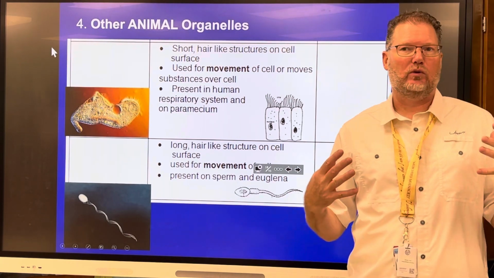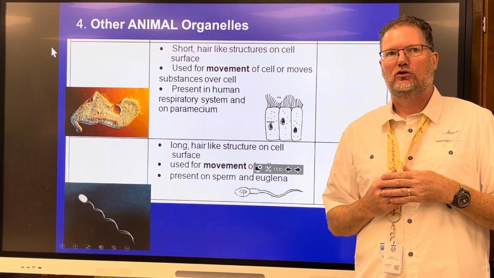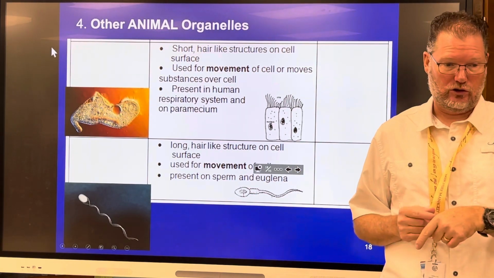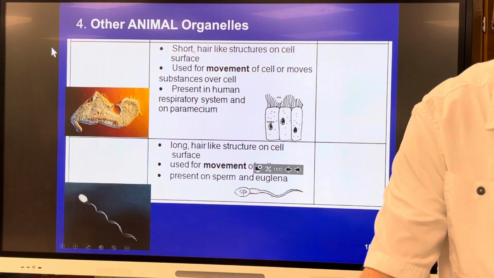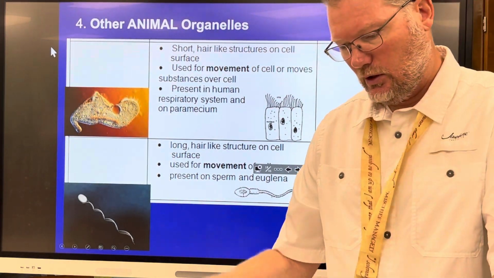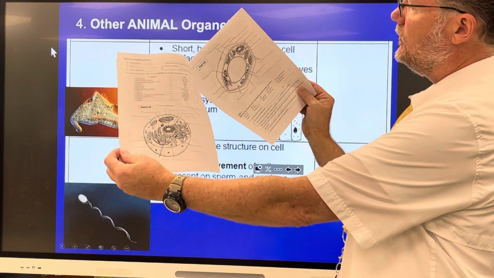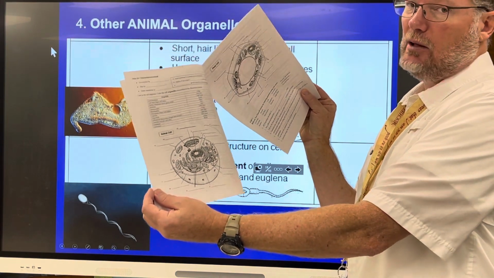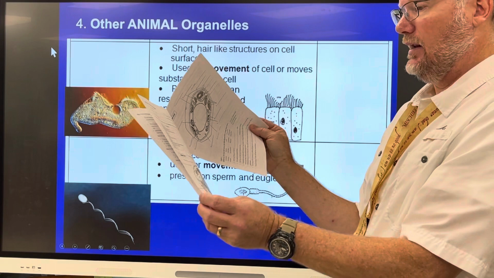But the reason that we take a break shorter than normal notes is that you have some coloring to do on your notes. So if you turn to actually page 6 and 7, you've got some coloring and labeling to do for the plant and animal cell.